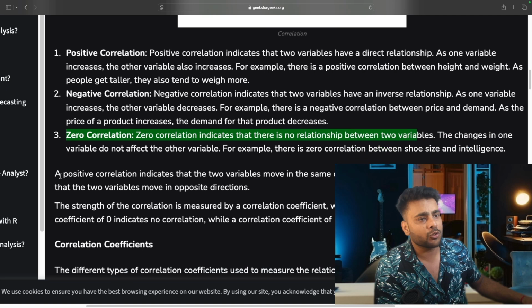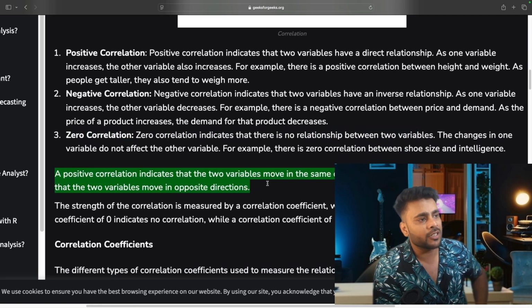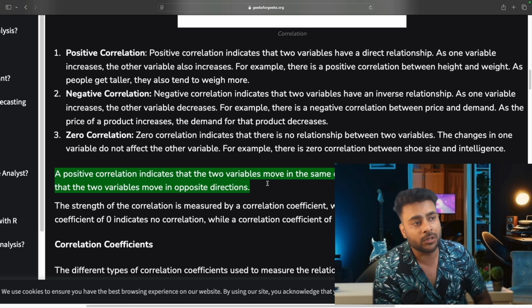Now when it comes to a positive correlation, they say that it indicates that two variables move in the same direction, while a negative correlation indicates that the two variables move in the opposite direction. The strength of the correlation is measured by the correlation coefficient, which can range from -1 to +1. Now this is important.